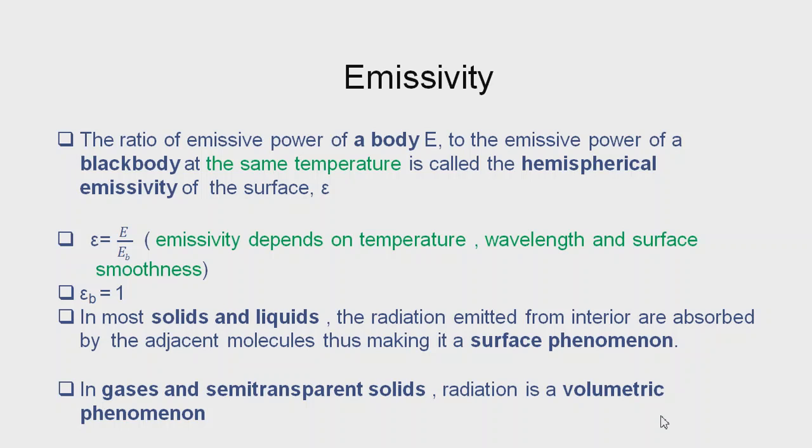It is defined as E upon EB, where emissivity depends on the temperature, wavelength and surface smoothness. Clearly, its value is equal to unity for a black body. In most solids and liquids, the radiation emitted from the interior is absorbed by the adjacent molecules, thus making it a surface phenomenon. But in the case of gases and semi-transparent solids, radiation is a volumetric phenomenon.